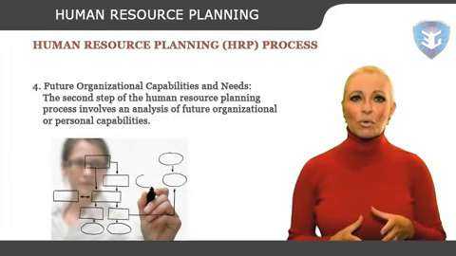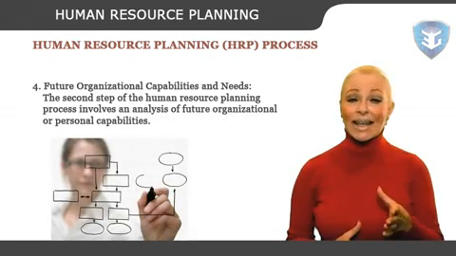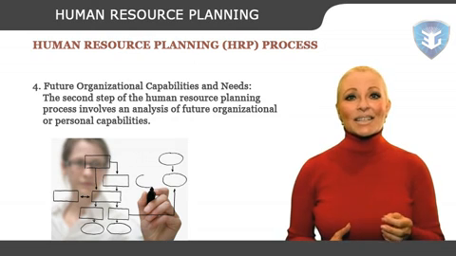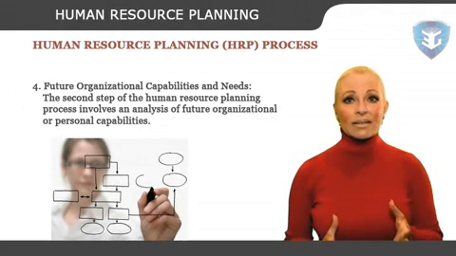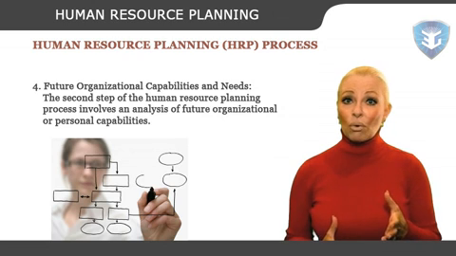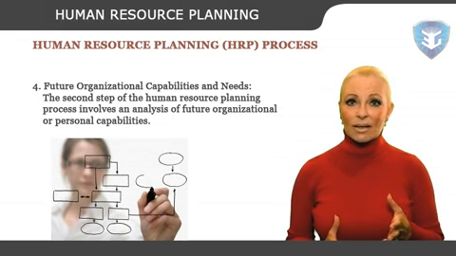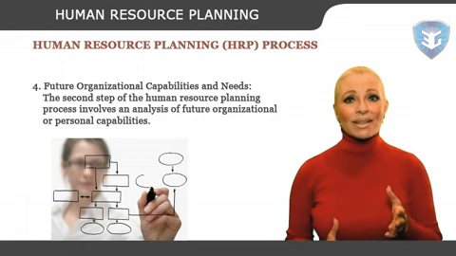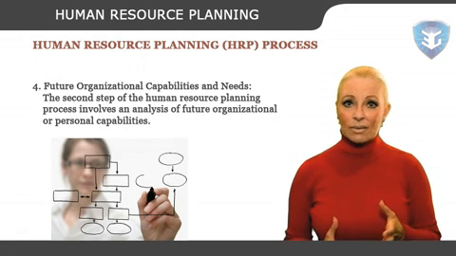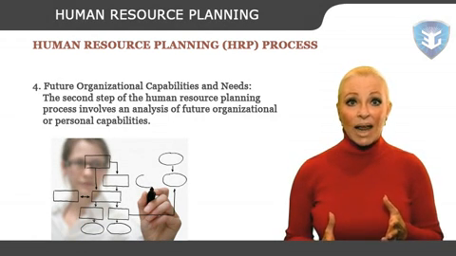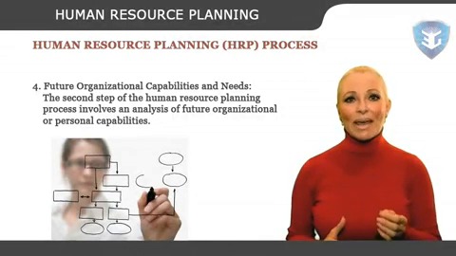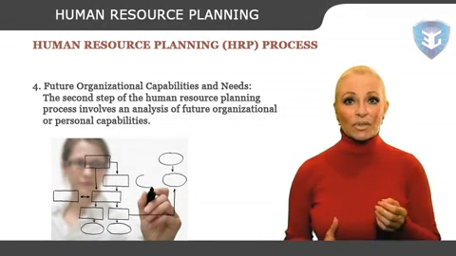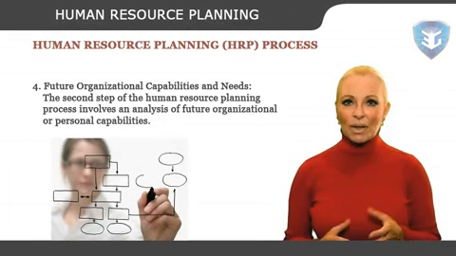4. Future organizational capabilities and needs. The second step of the human resource planning process involves an analysis of future organizational or personnel capabilities. Capabilities include the skill level of employees, productivity rates, and number of employees, etc. Organizations may use a variety of procedures to estimate the supply.